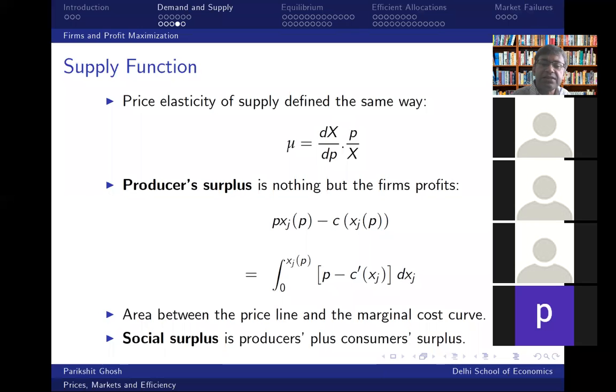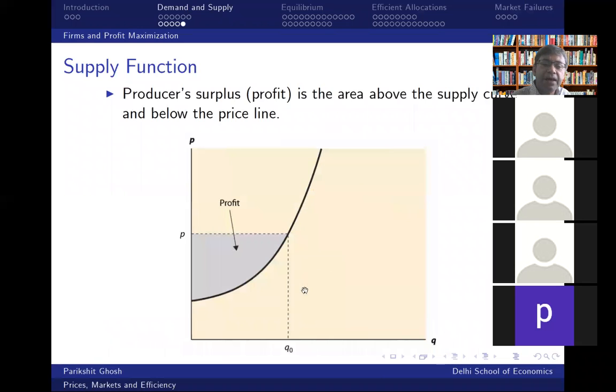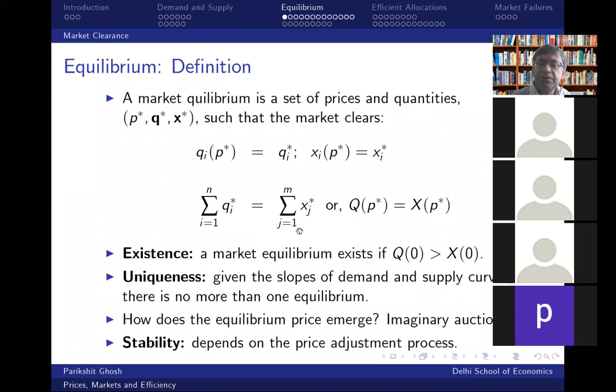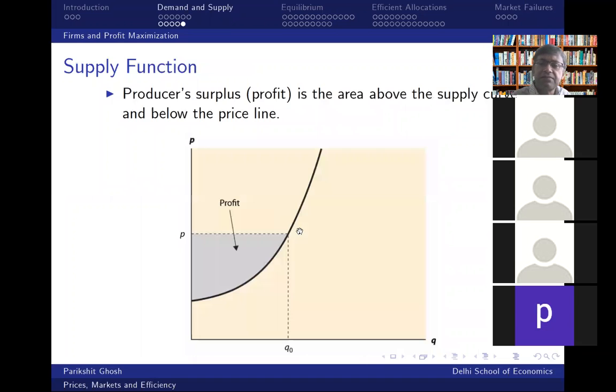It can be expressed in the following way. This is the marginal cost curve of the firm, right? Because of the price equal to marginal cost rule, that also serves as the supply curve of the firm. Again, everything is just corresponding to what we discussed in the consumer's case. So this curve is the marginal cost curve as well as the supply curve of the firm.